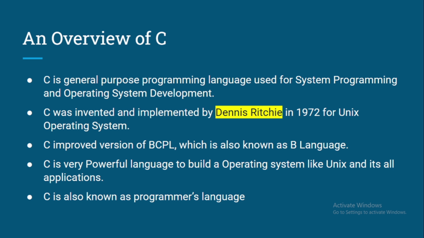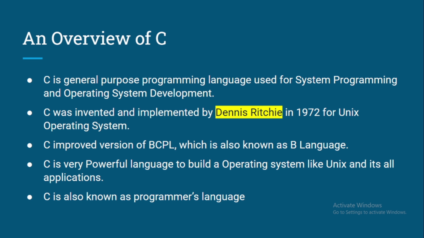Before C, we did not have that kind of package where we can build our system according to our developer's desire, right? So in C we have various options by which we can design our system according to our requirements. So C was the first programming language which changed the era of the IT industry.